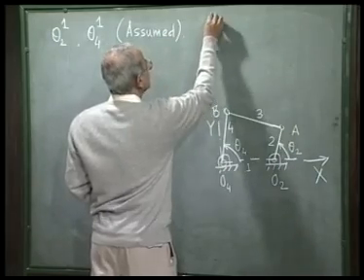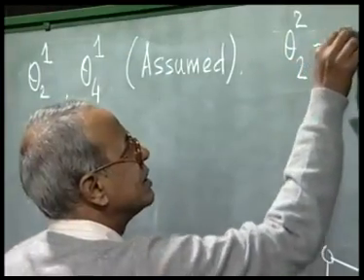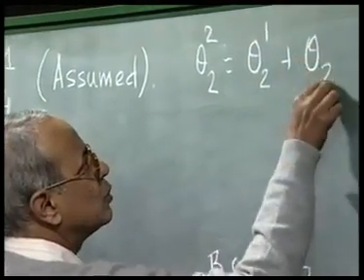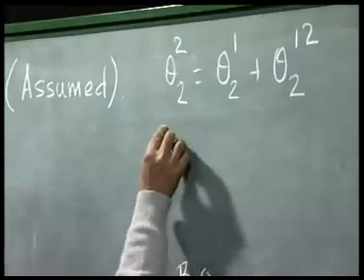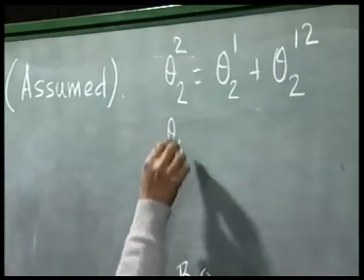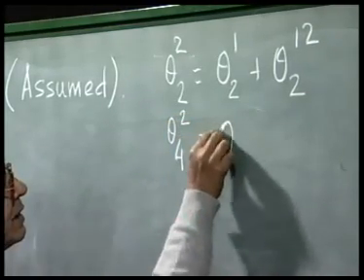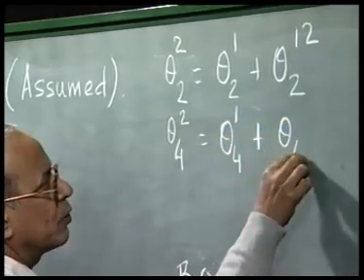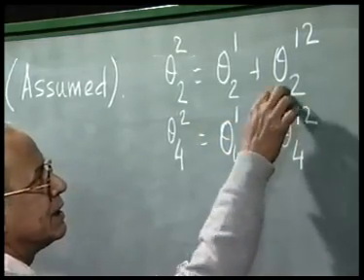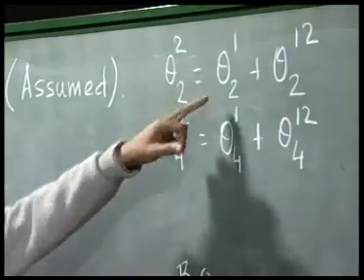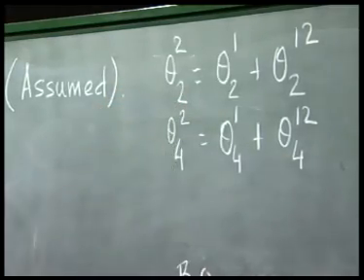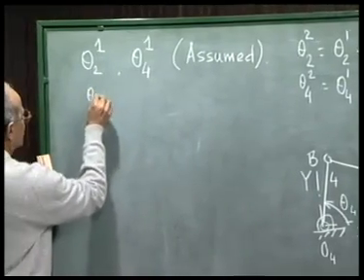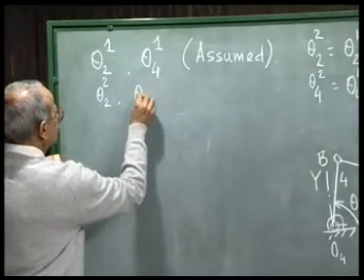This gives me theta 2 2, which is theta 2 1 plus theta 2 1 2, and theta 4 2 is theta 4 1 plus theta 4 1 2. These are already prescribed. These we have assumed, so we get these two values, namely theta 2 2 and theta 4 2.